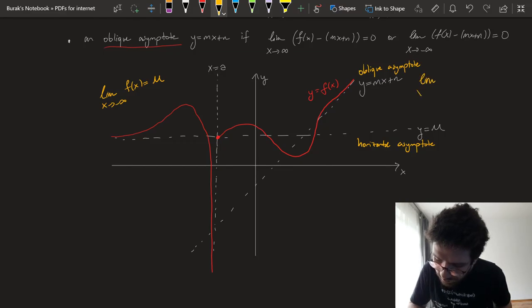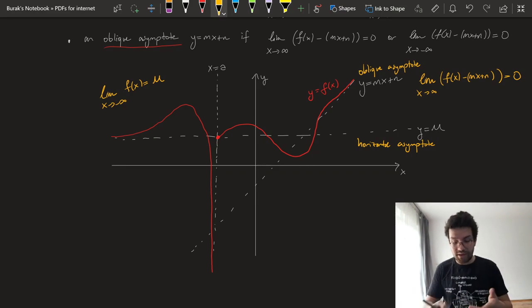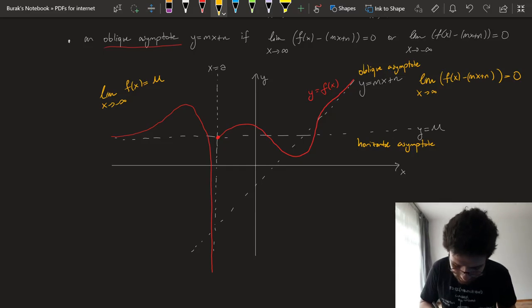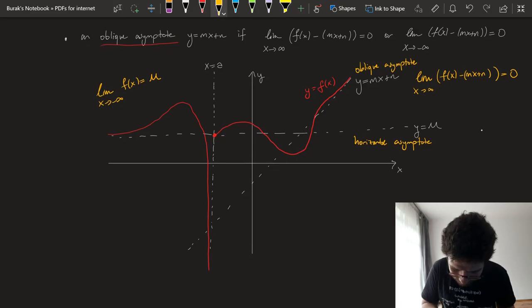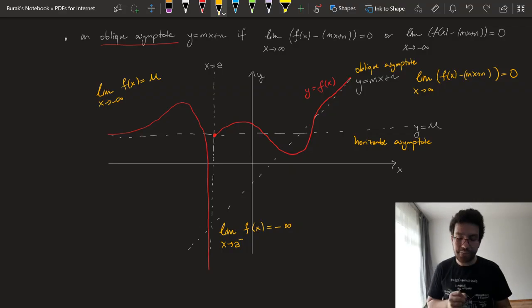Because when I checked the limit of this difference, I see that it's 0, at least pictorially. And when you check the limit of this function at a from the left, you see that it is negative infinity.